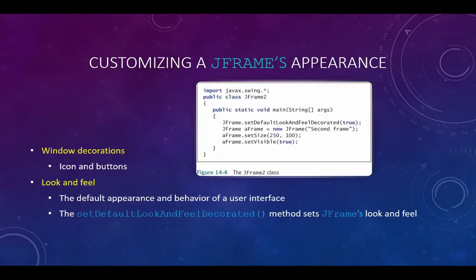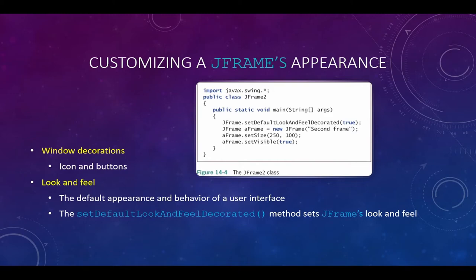You can also customize a JFrame's appearance: window decorations, icons, buttons. You can do setDefaultLookAndFeel. The look and feel is the default appearance and behavior of a user interface. This default is based on the operating system. It's going to look and feel and act one way if it is working on Windows, and a completely separate way if you're working on iOS.